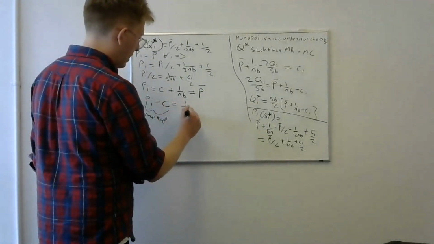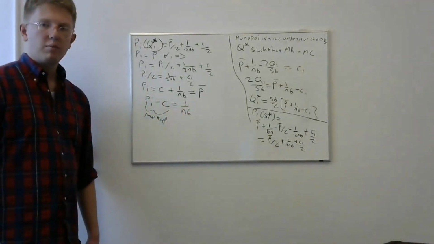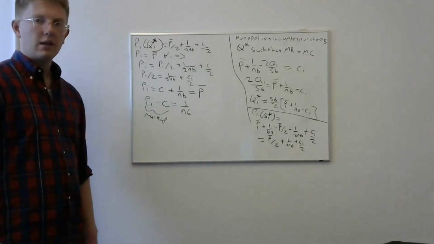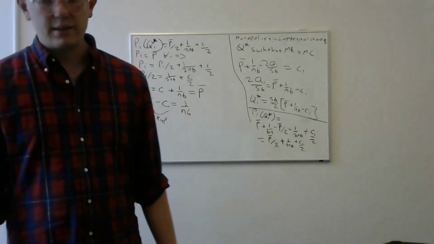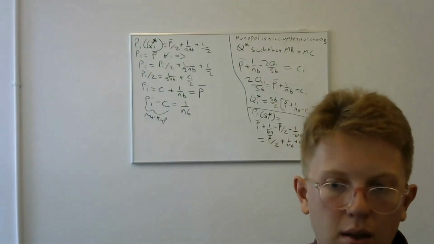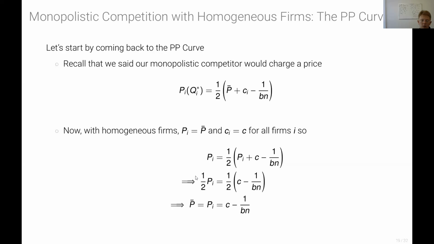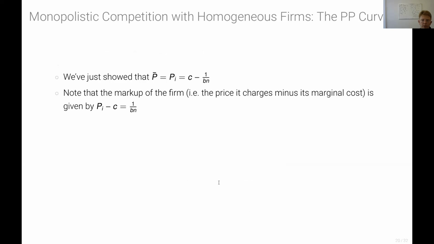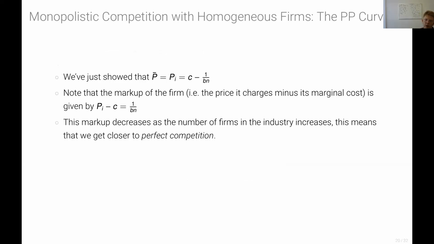The markup again is just equal to 1 over NB, and that term as well goes down as the number of firms increases. So this is just saying what I did on the board. Notice that the markup goes down as we increase the number of firms, meaning that we're getting closer to perfect competition.